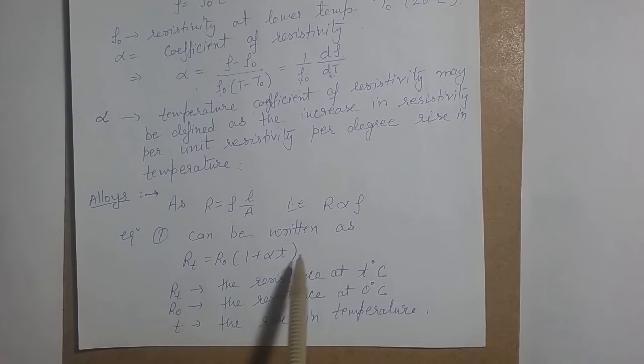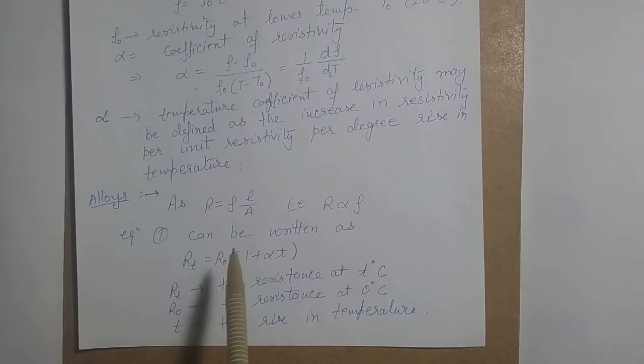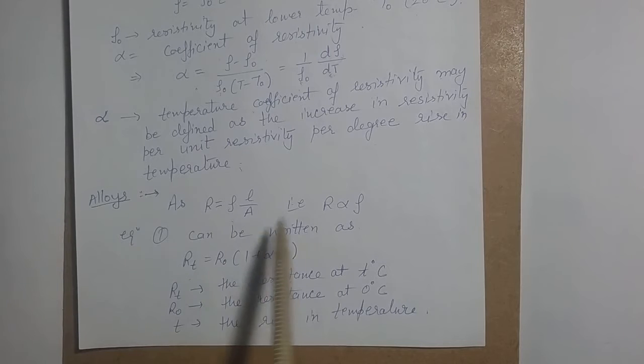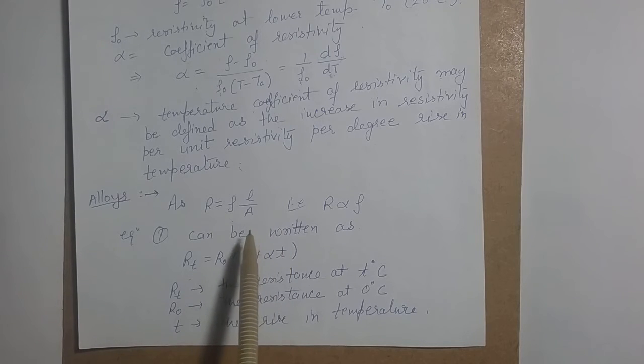So there is a formula for alloys that resistance at a given temperature is equal to R naught into 1 plus alpha T, where R naught is the resistance at 0 degrees Celsius, R is the resistance at T degrees Celsius, and T is the temperature rise. So this is the relation for the alloys.